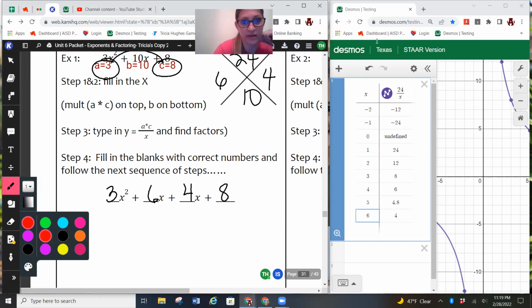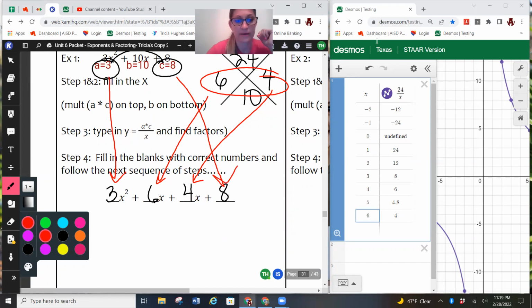Notice what I did here. I took these and I wrote them here with an x, and then I just took 3x squared and 8. Okay, so this is your box method broken up out of the box.